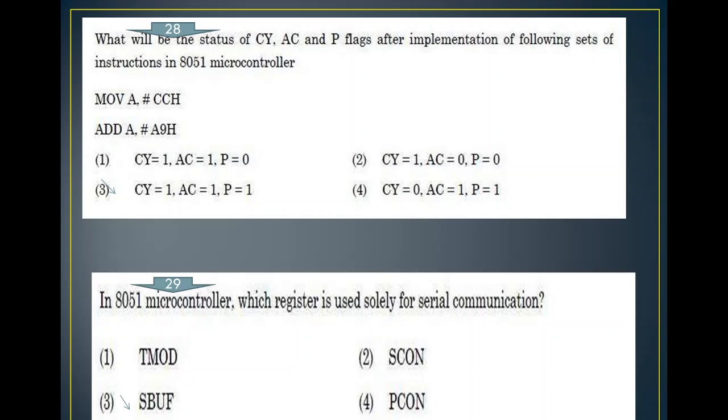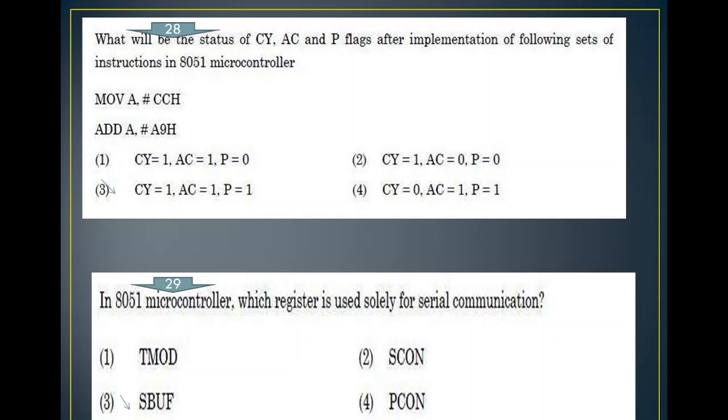MOV A, #CCH, ADD A, #A9H. Option first, CY 1, AC 1, P 0; second option, CY 1, AC 0, P 0; third option, CY 1, AC 1, P 1; and fourth option, CY equal to 0, AC equal to 1, and P equal to 1. The correct option is third, that is, CY equal to 1, AC equal to 1, and P equal to 1.